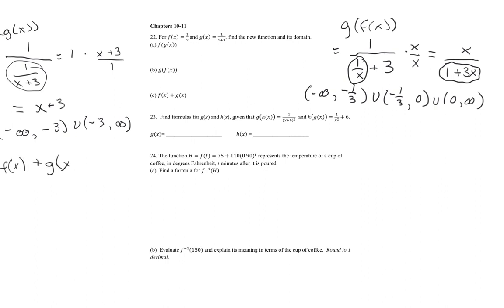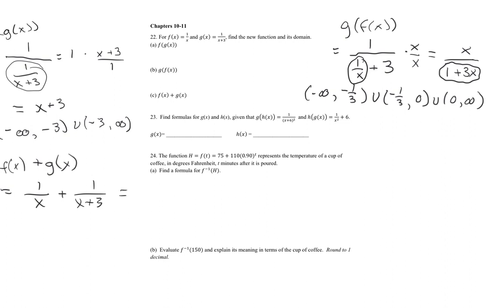Okay, so this is equal to 1 over x plus 1 over x plus 3. And so I need to find a common denominator here. And the common denominator is just going to be x times x plus 3 because there's nothing else we can use.